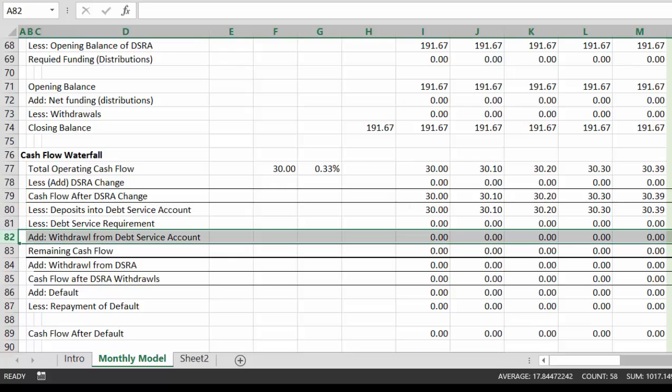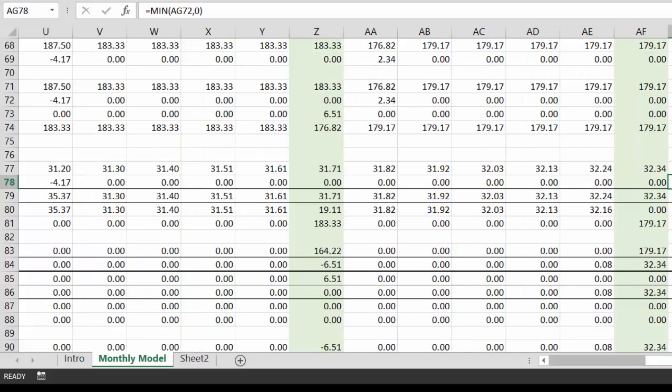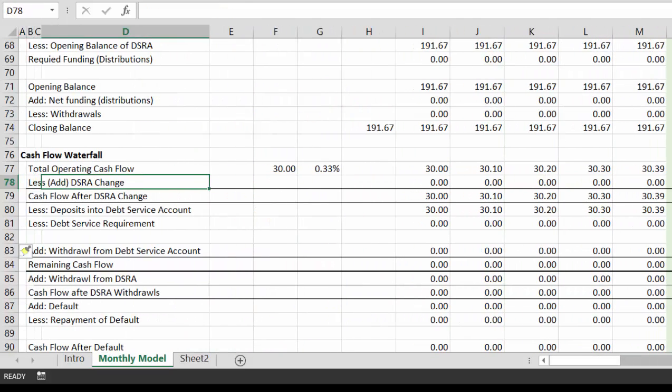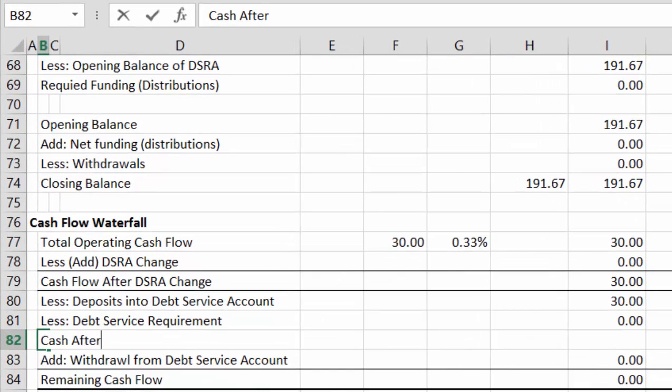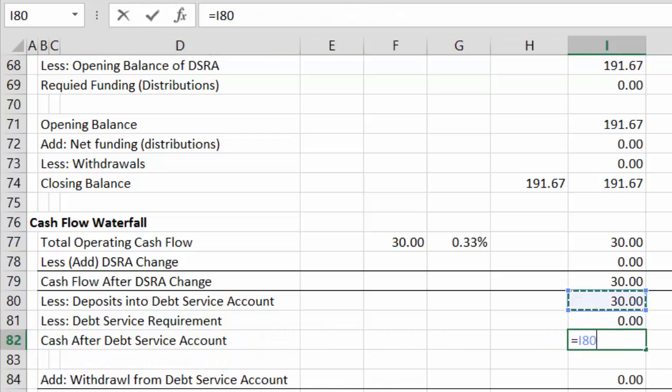So we'll split the DSRA withdrawals, and if it's negative, in other words we're getting cash, we'll throw that up here, and then we'll put cash after debt service account. Then that's another subtotal, of course. This one minus this one. Oops, excuse me, that was wrong.